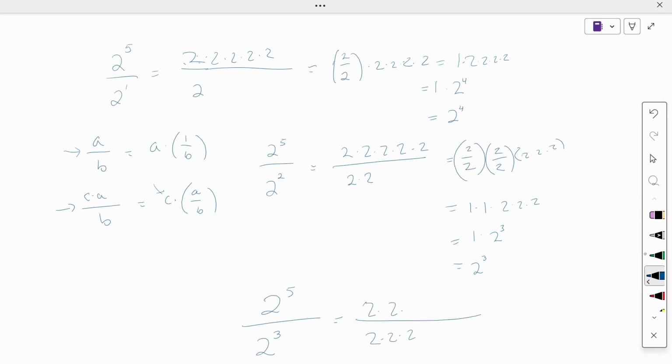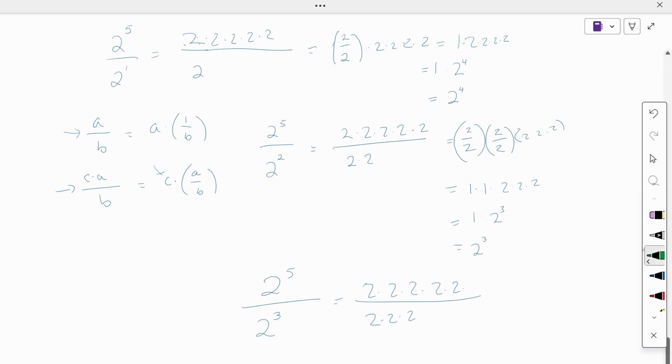And now I hope that I've made it clear what happens with these numbers in our denominator whenever they're divided by the same quantity in the numerator. So just to save some time, I'm going to cross out terms that I have in common. When I write this 2 to the 5th, you'll see I have 5 2's multiplied together in the numerator. When I write out the 2 cubed, I've got 3 2's multiplied with each other.